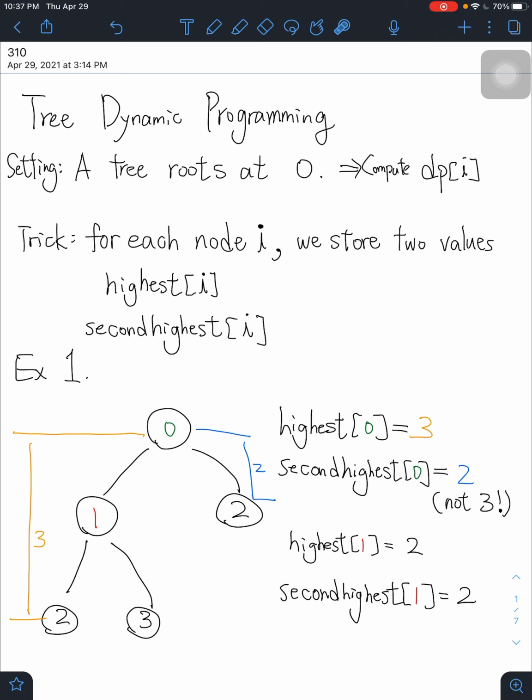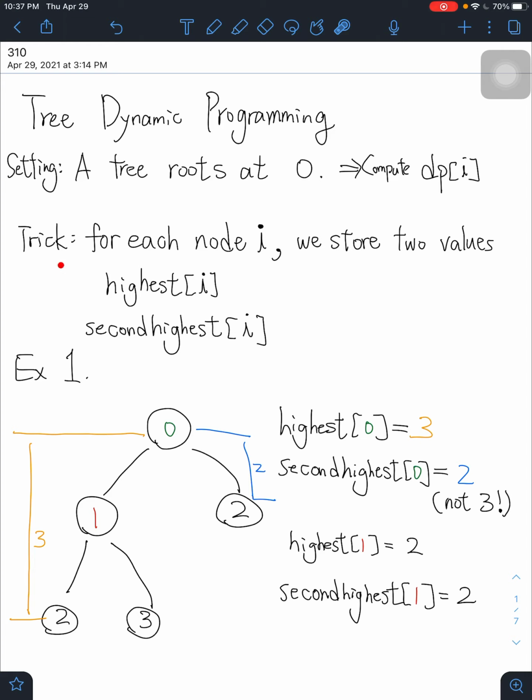You may wonder why we can set our root at 0 but still compute dp[i] in O(log n) or in O(n), and this is why I record this video, because I want to tell you how this idea works. Okay, so let's keep going.